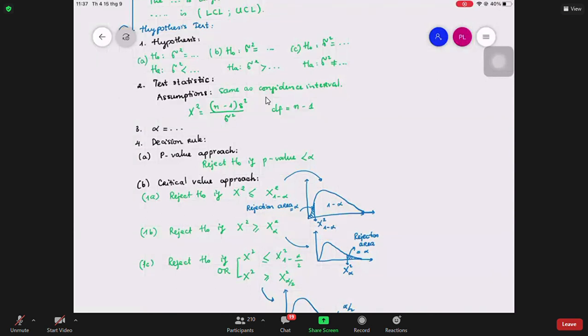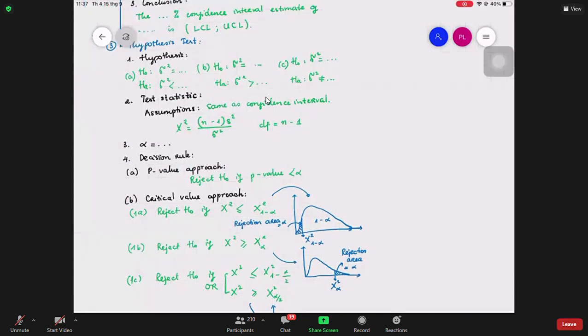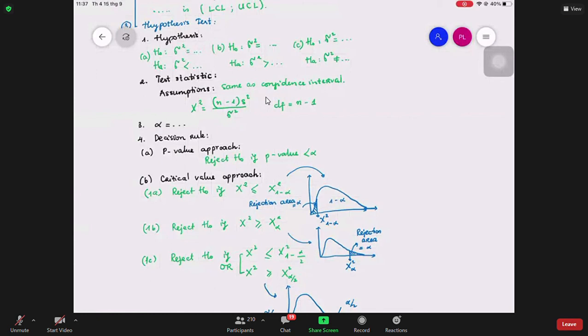The decision rule is the most important step here because we have two kinds of decision rule. The first one is for the p-value approach, and the second one is for the critical value approach. For the p-value approach, the decision rule is the same. And as for the critical value approach, we have to depend on the hypothesis that we specify: left tail test, right tail test, two tail test.